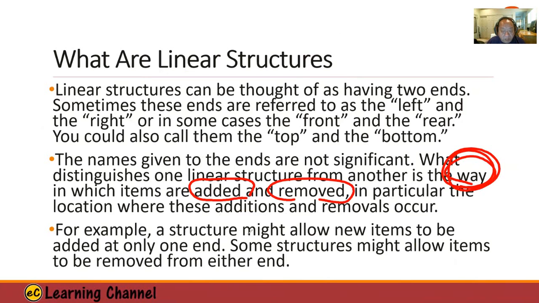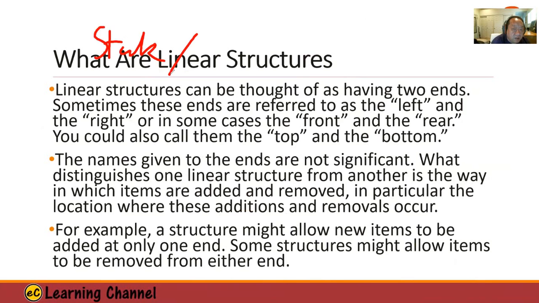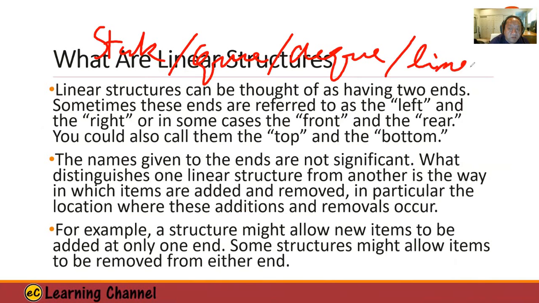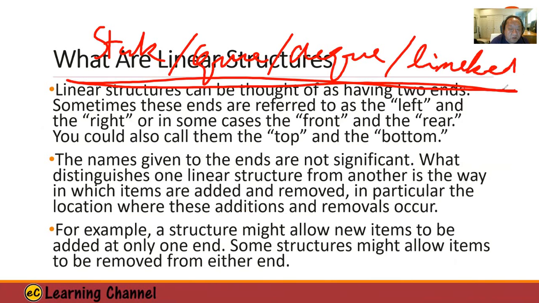For example, a structure might allow new items to be added only at one end. Some data structures allow items to be removed from the other end. And array is also a data structure, but it allows random access to data. So here, stack, queue, deque, and list are so-called iterative data structures. You need to use an iterator to access the data.